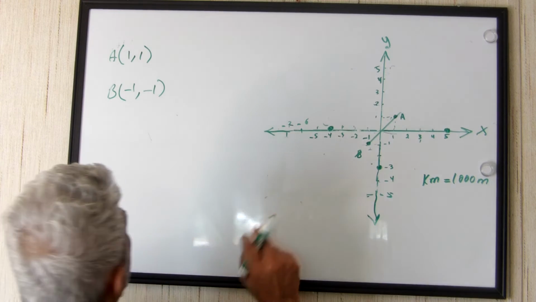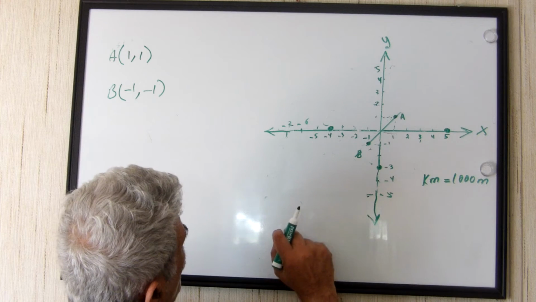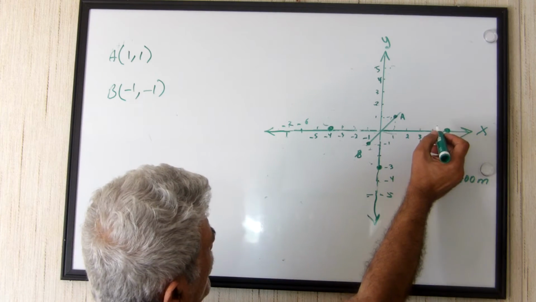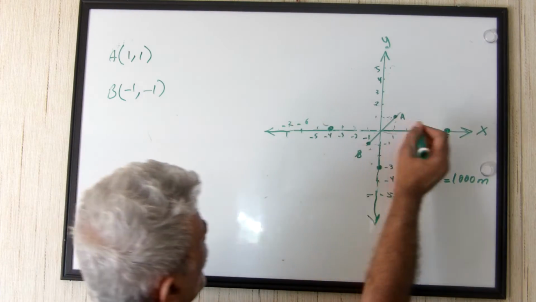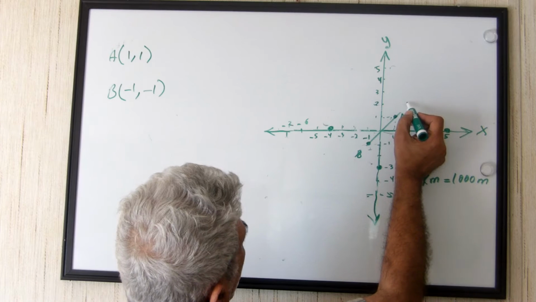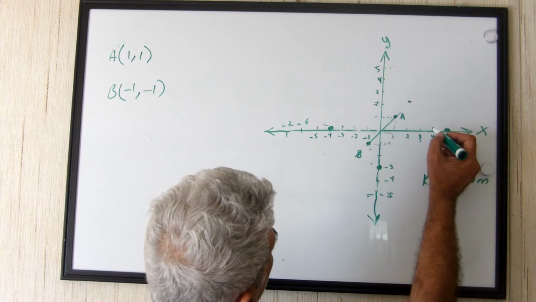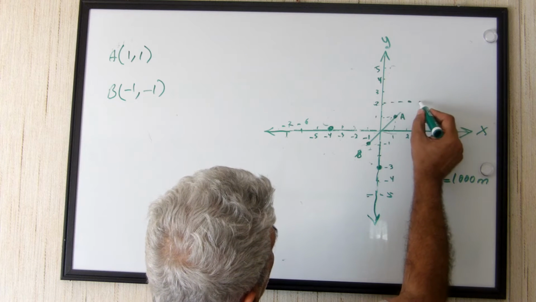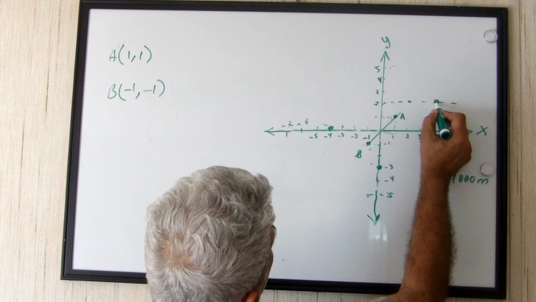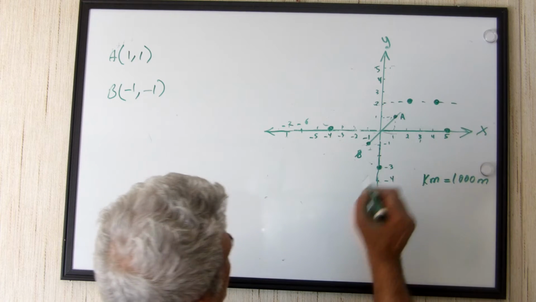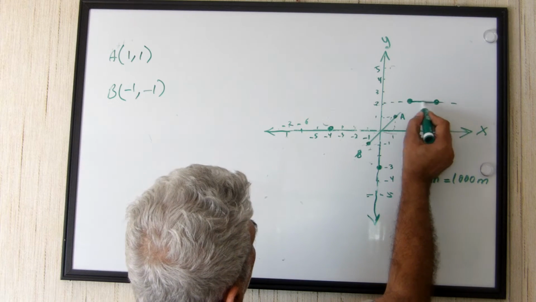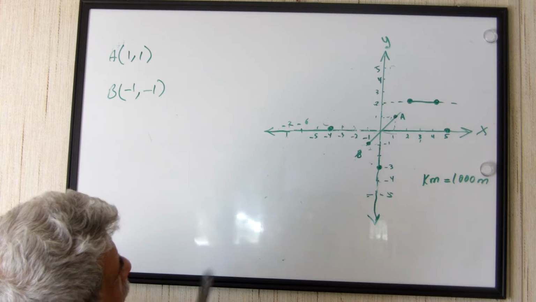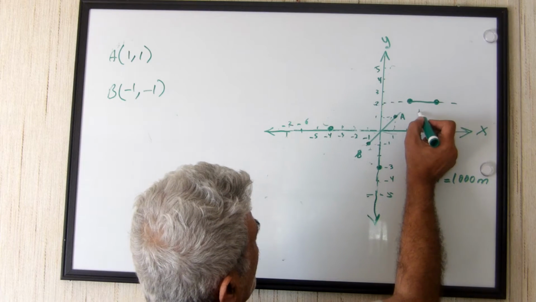Let's do another example. One point here, and another point here, and we want to draw a line between those two and find the length of this.